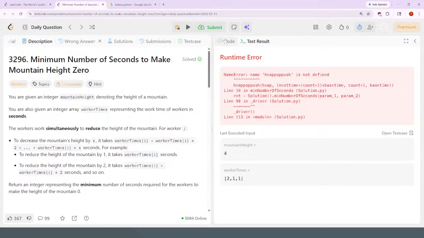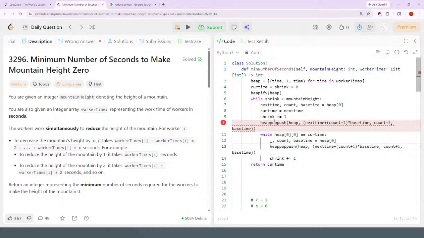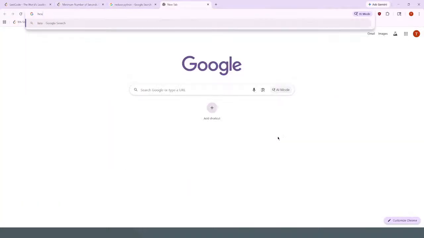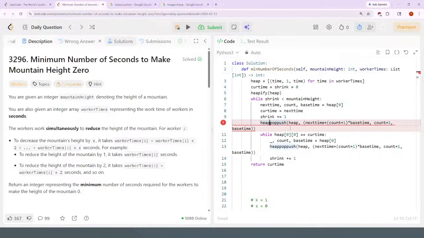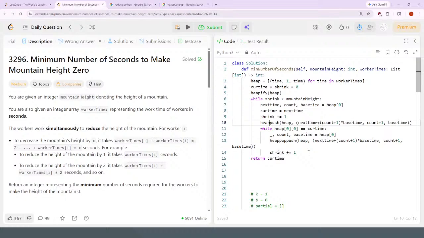A push, a pop push. Isn't that? Is it heap push pop? It doesn't make that much of a difference, heap push pop versus heap pop push.